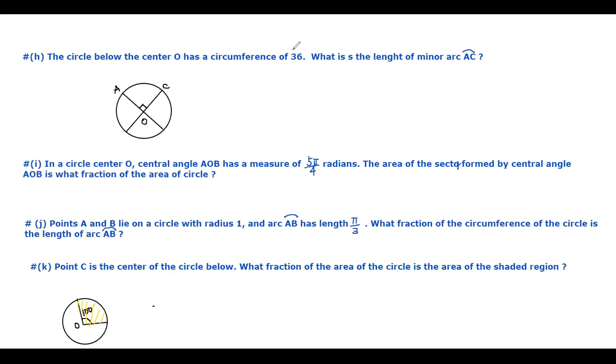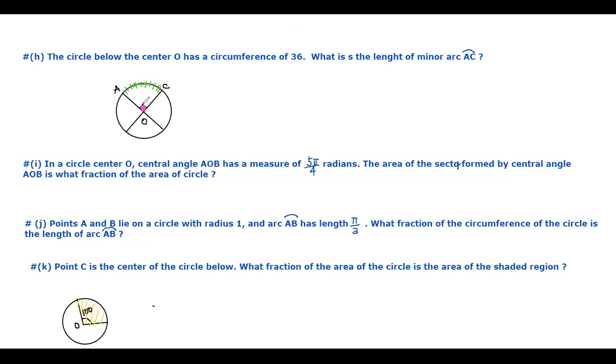In this example, they tell you the circle below with center O has a circumference of 36. What is the length of arc AC here? I want to find the length of this arc AC, and I know this is 90 degrees, right?